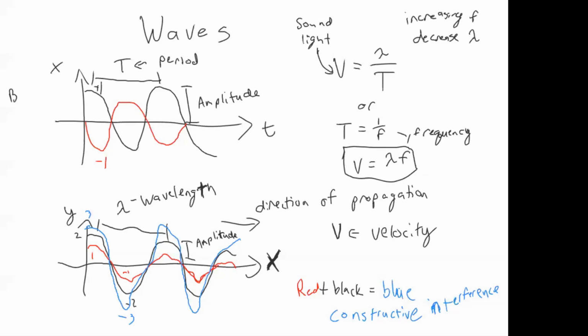So black plus red will give us blue. And yeah, so these will just cancel out. So you'll just get a blue line that is flat. And so this is called destructive interference.